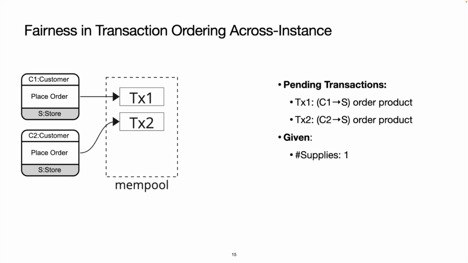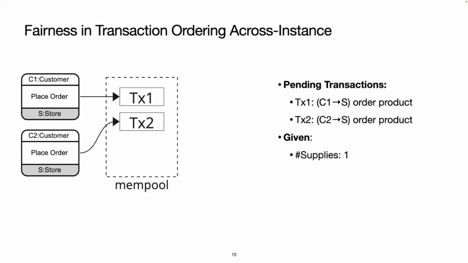So let's see this in detail. Starting, as I said, with two customers placing an order. First, they send the transaction to the transaction pool. They wait there until the miner takes the transactions and adds them to the block. For the sake of this example, let's assume that we have one mempool and we know exactly what's in there.